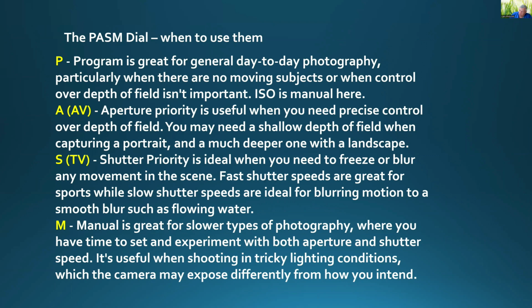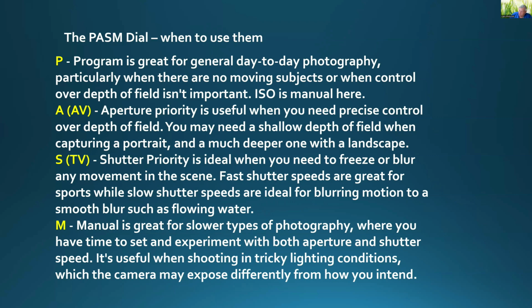If you're in a darker situation, you want to be able to adjust that aperture as well. Because setting it to something like a 2 or a 2.8 would give you more light than a 16 or a 22 will. Shutter priority is ideal when you want to freeze or blur something in the scene.